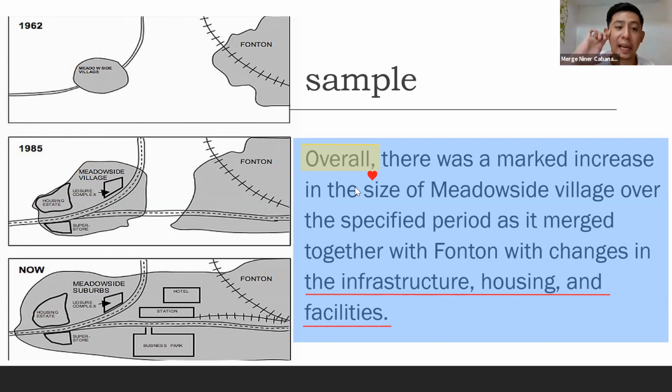So it hints that if I am the examiner reading the contents of your answer, when I read the word overall, it means that you are already in the general overview of your task. So it serves as a landmark of your report. So please use that word and please don't forget the comma. Okay? All right, let us see some more samples.